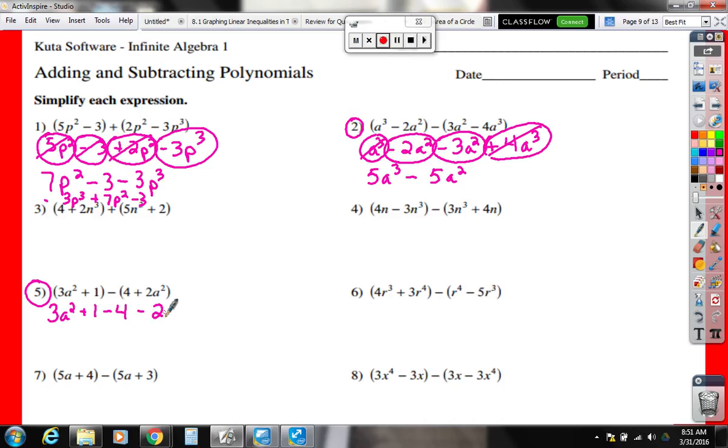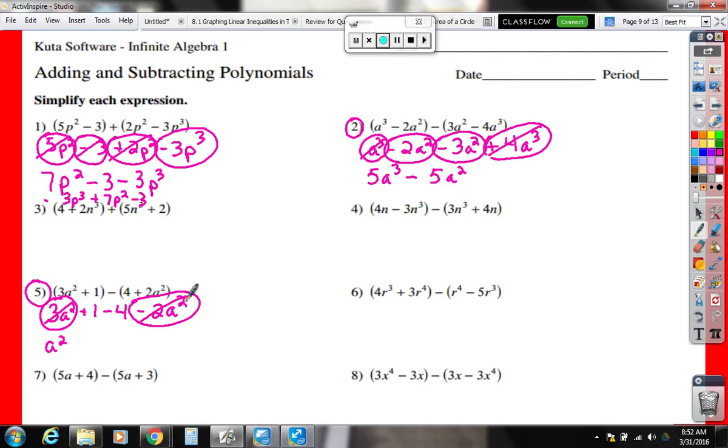Minus what? 2a squared. Okay, what do I do next, Brittany? Good. 3a squared minus 2a squared is? Good. 1a squared, or just a squared.